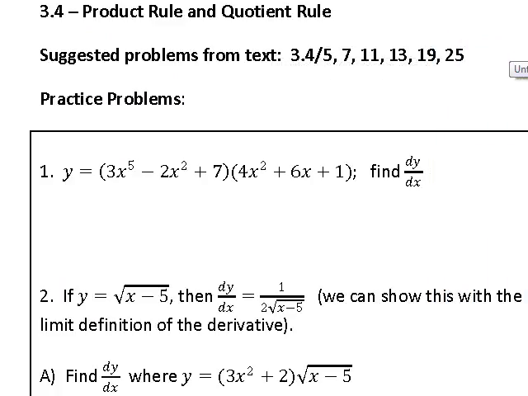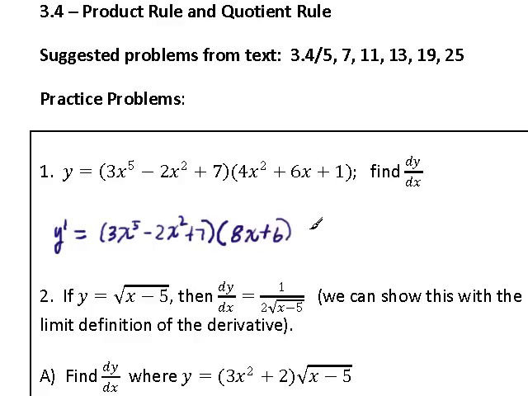Let's apply that here. All right, and we have that y prime is equal to the first function. Just write that over. Times the derivative of the second, so that would be, using the power rule, 8x plus 6.